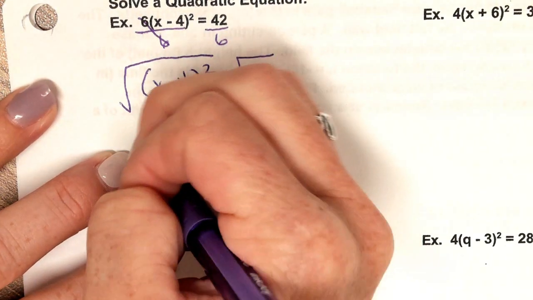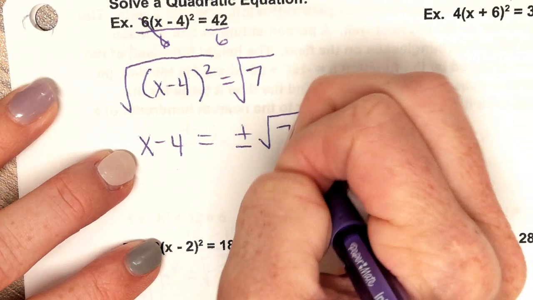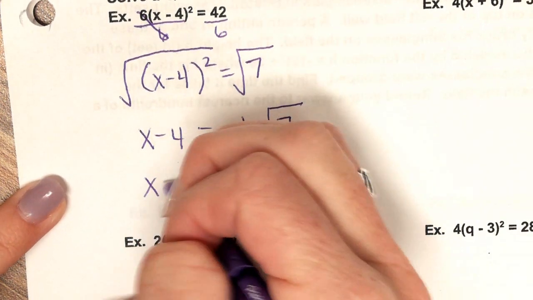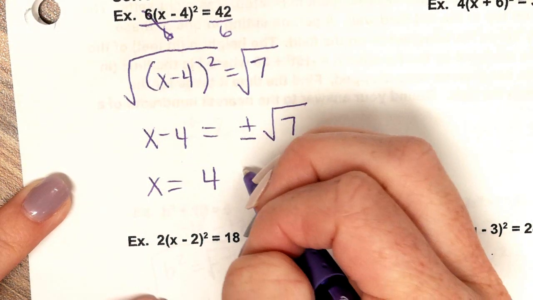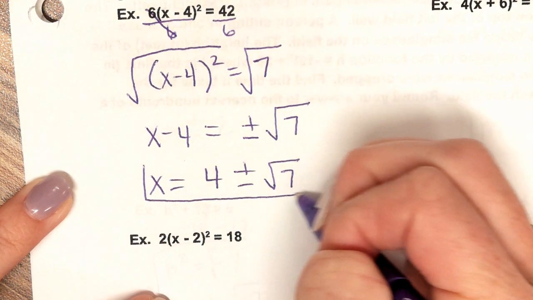I now have x minus 4 is equal to plus or minus the square root of 7. Is x by itself? Yes or no? No. How do I get rid of a minus 4? So I have x is equal to positive 4 plus or minus the square root of 7. And I'm just going to leave my answer like that.